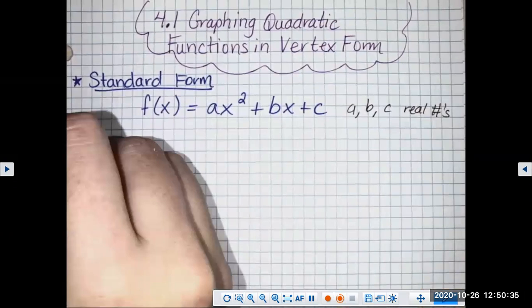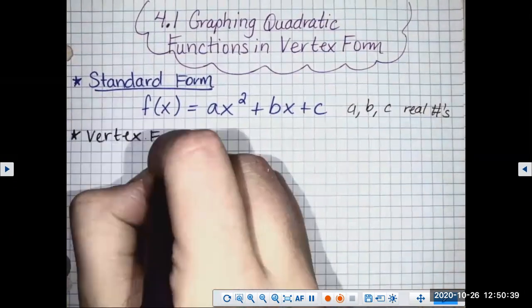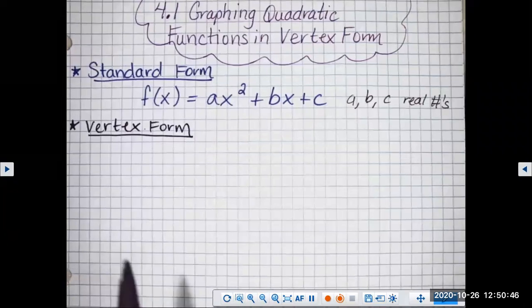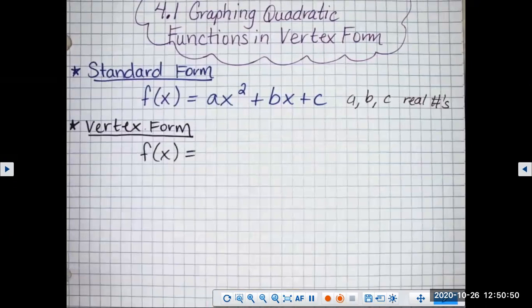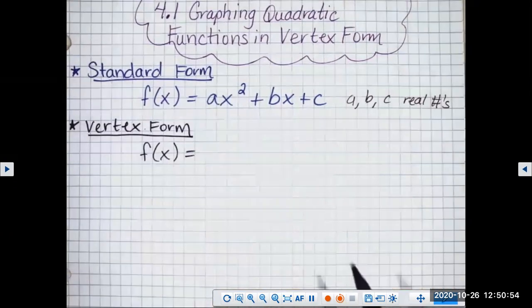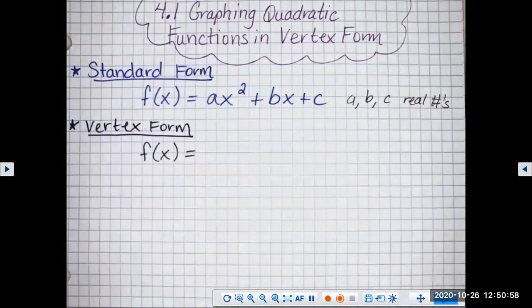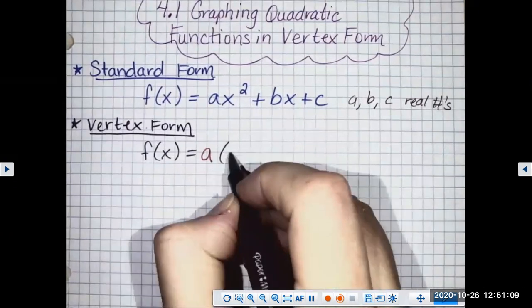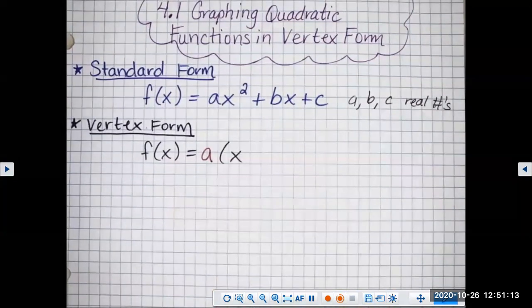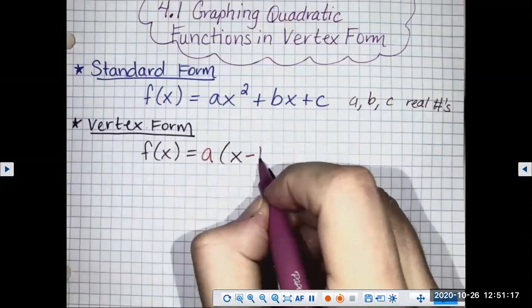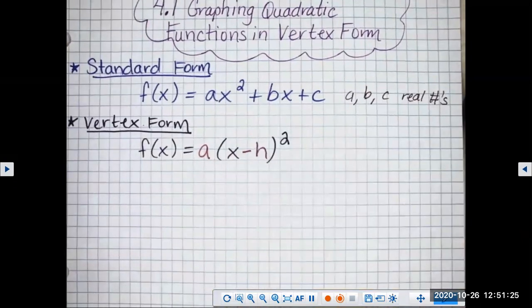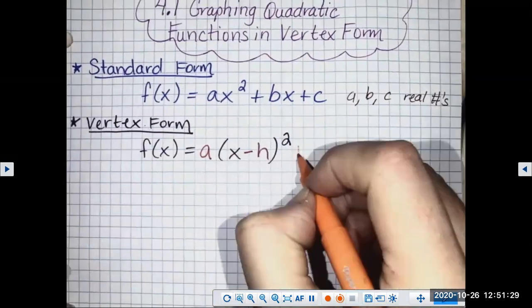A vertex form, which is what we're going to focus on today, f of x equals a times x minus h squared plus k.